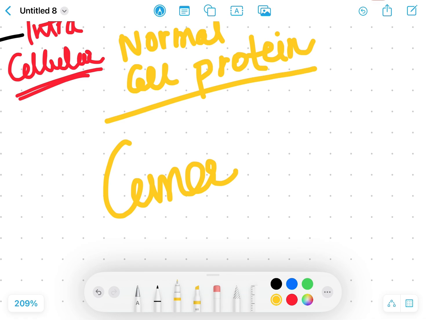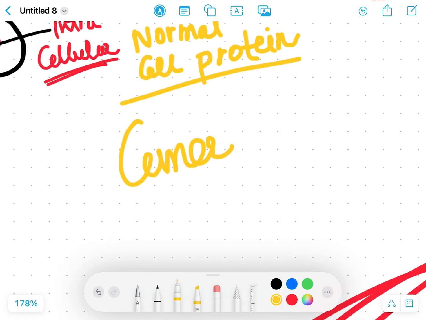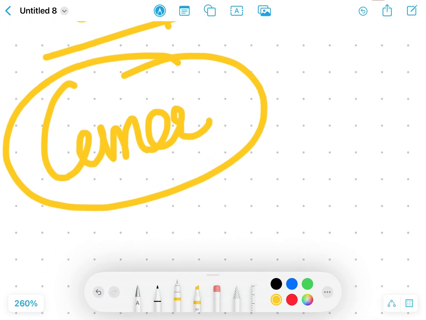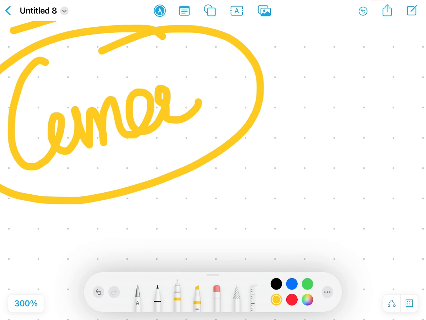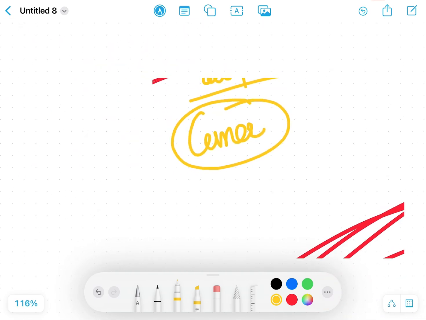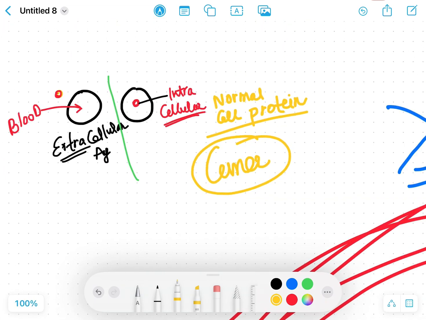Whatever DNA sequence you have, your sequence and my sequence are different. So a cancer cell is also a different kind of protein expressed by our body. Whoever has cancer, their expression of DNA is different, and they make a different kind of protein, and that is called cancer protein. And cancer protein is an intracellular antigen.